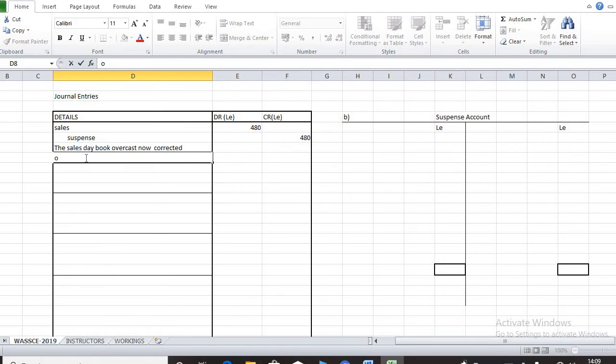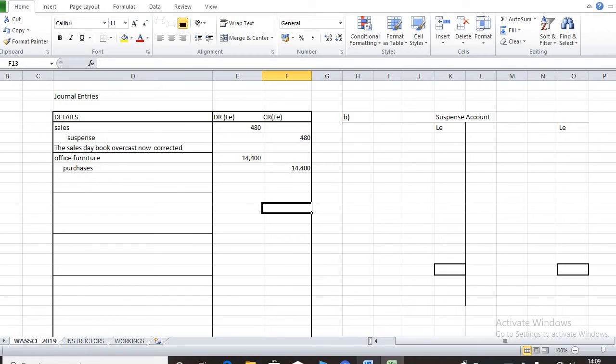So here, office furniture is debited with the amount of 14,400. Then the one credited will follow, which is purchases account, 14,400. And I said when you are done, you shouldn't forget your narration.